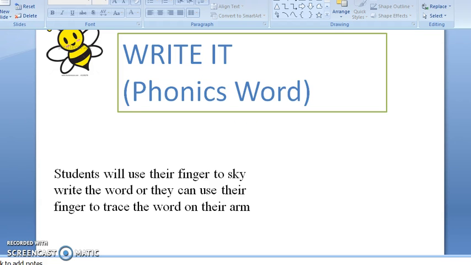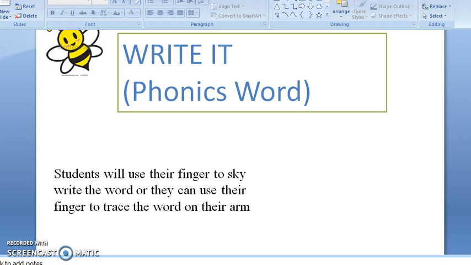This is the process I was saying that we would use to either write in the sky or write on our forearm. And as we trace, we would recite the letters. So you would take your finger on your writing hand, and in the sky we will hold our hands up, and students would trace the word apple.